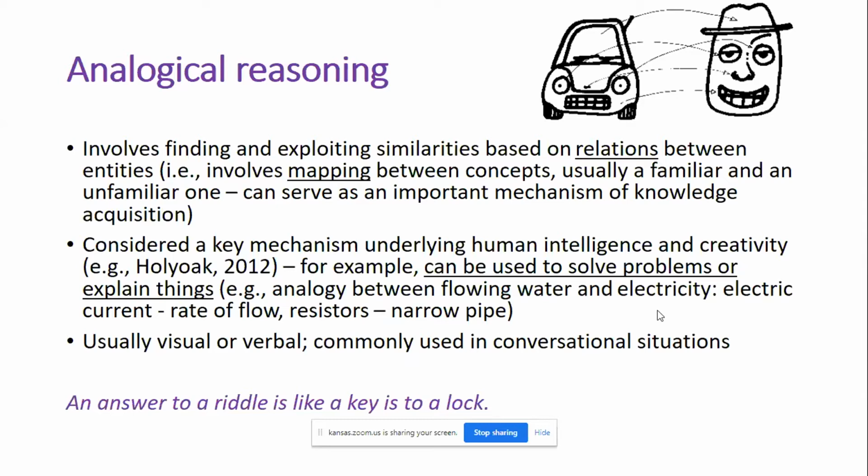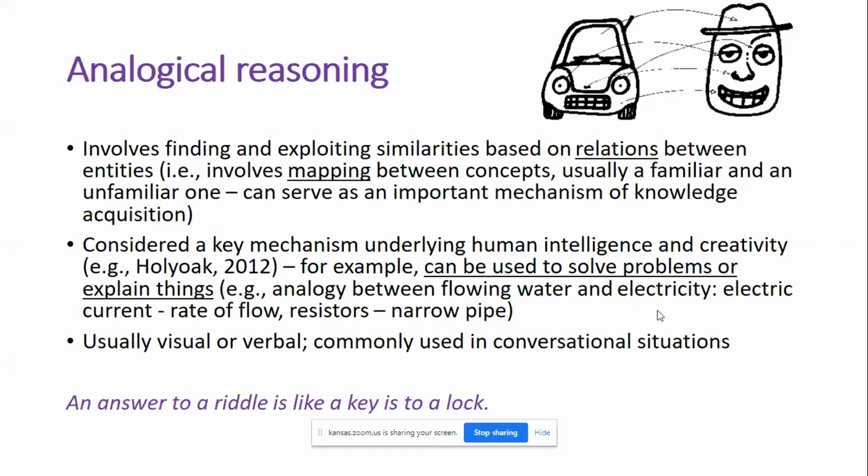So you can think about electric current as the rate of how quickly the water flows through a pipe, for example, or resistors are similar to a narrow pipe. So you can draw similarities between different entities, and sometimes it can help people to understand some novel, unfamiliar concepts better.